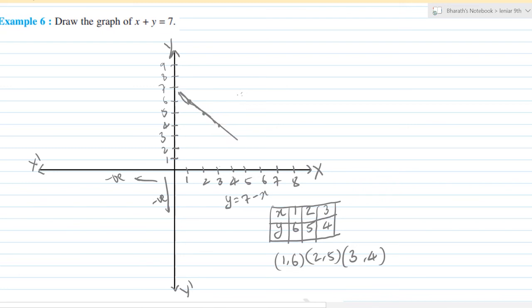Now always label the points: this is 1 comma 6, this is 2 comma 5 and this is 3 comma 4.